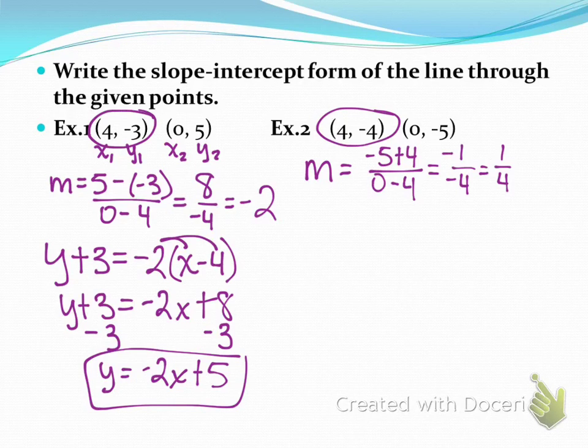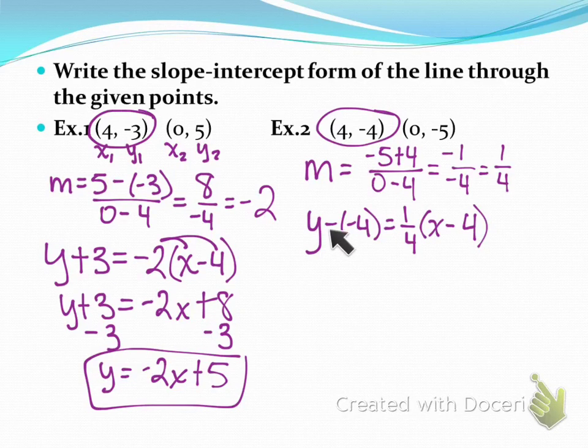Y minus negative 4 equals 1 over 4 times x minus 4. Wonderful. Our point slope form would be y minus negative 4 equals 1/4 times x minus 4.